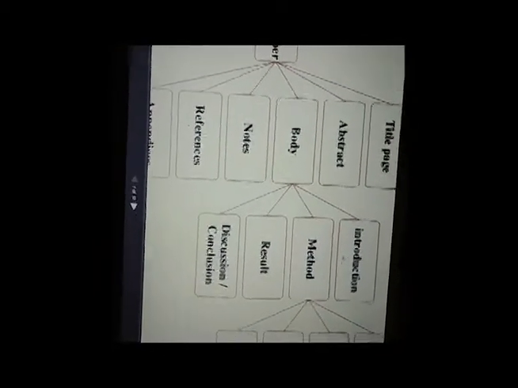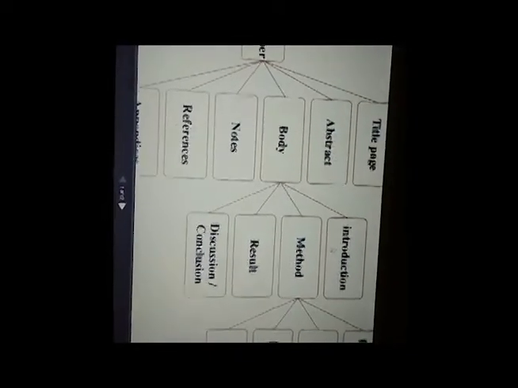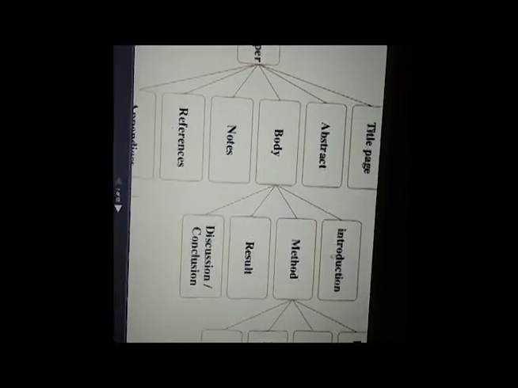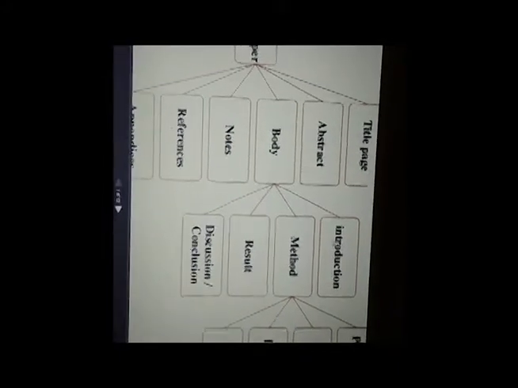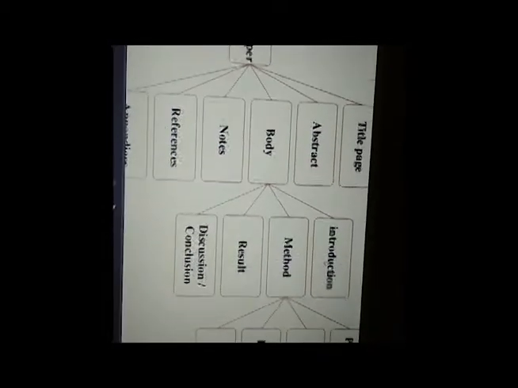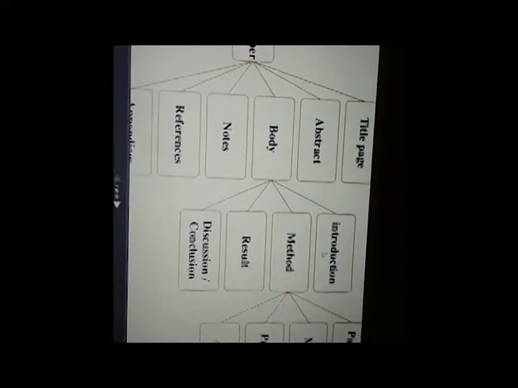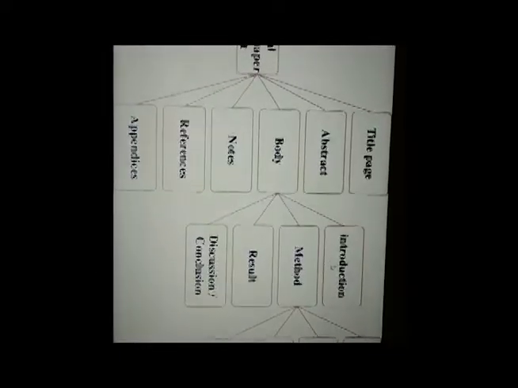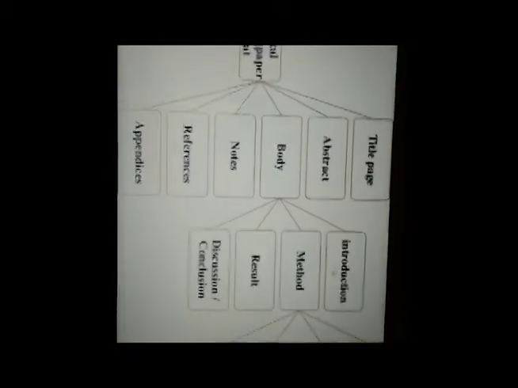So for the introduction, it is important for you to know that the introduction should have a preliminary background. A preliminary background is the story that you tell the reader, the examiners, of why you are doing research on that specific object.